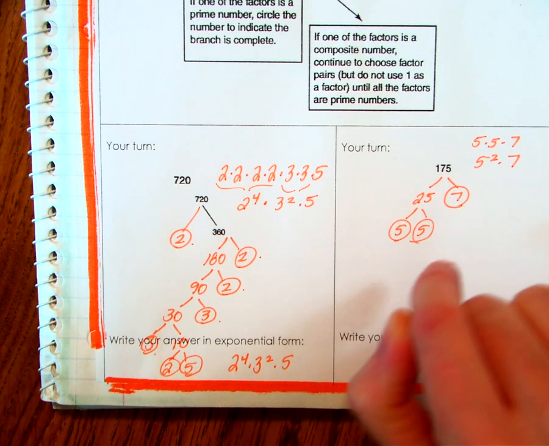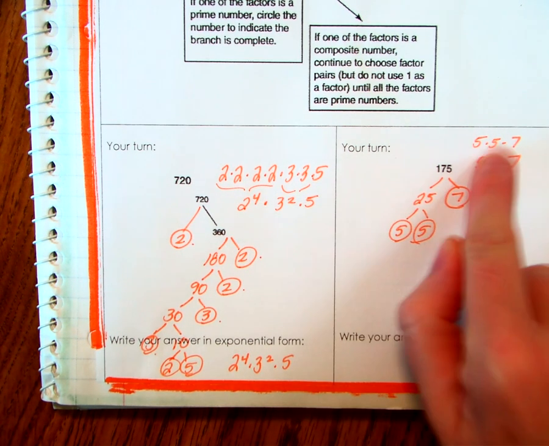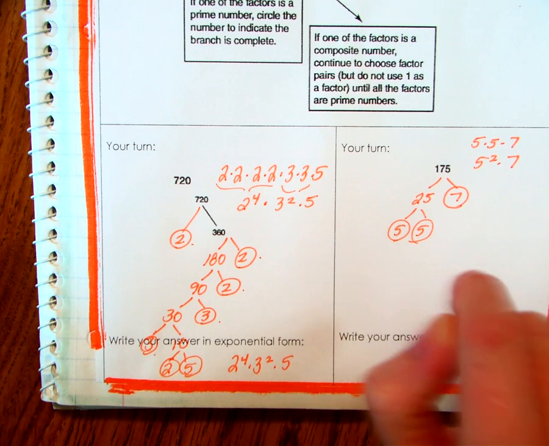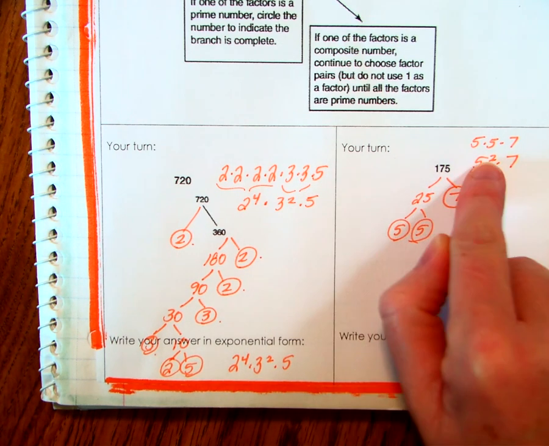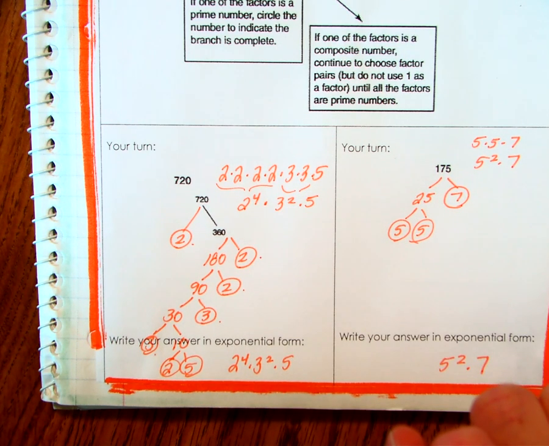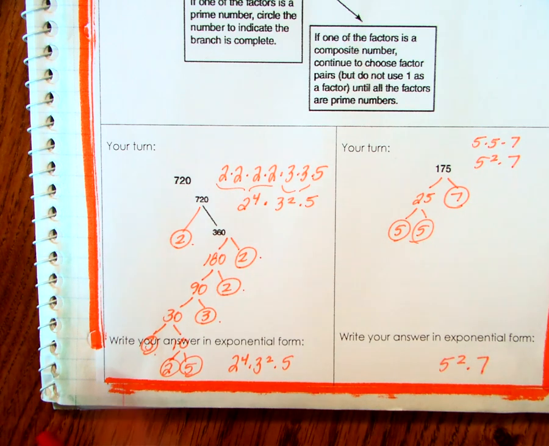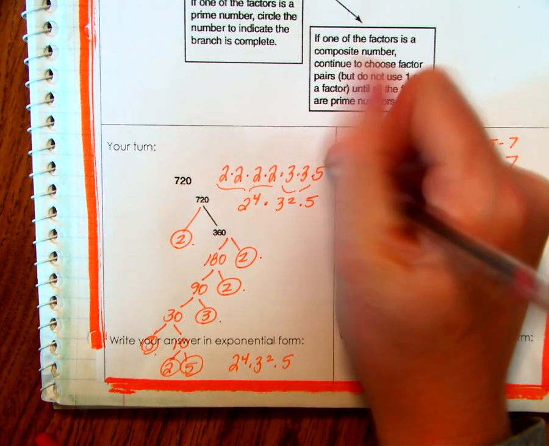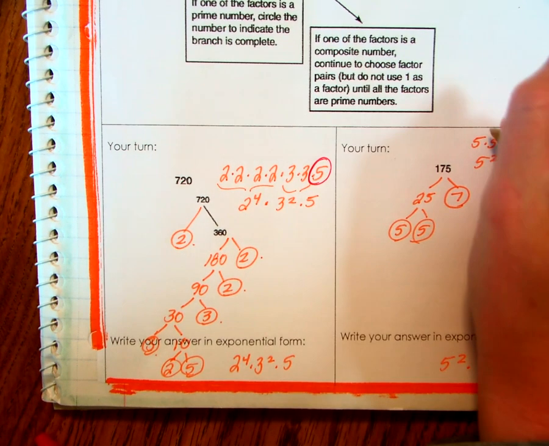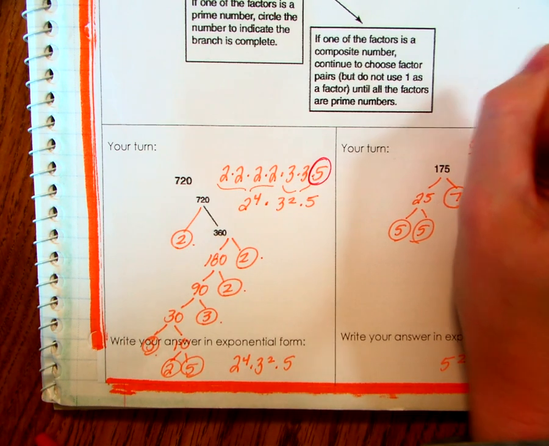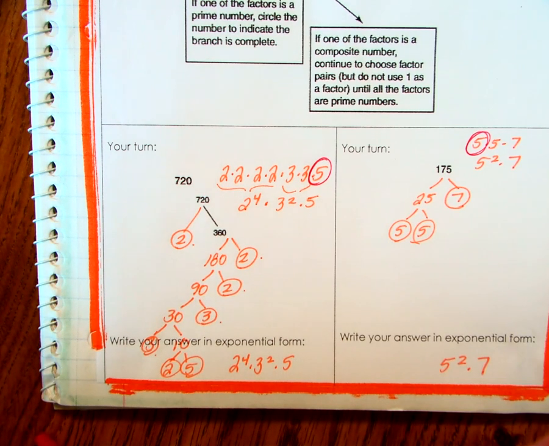Who do they share? Do they share 2's? No. Do they share 3's? No. Do they share 5's? Yes. How many times? Once. Do they share 7's? No.